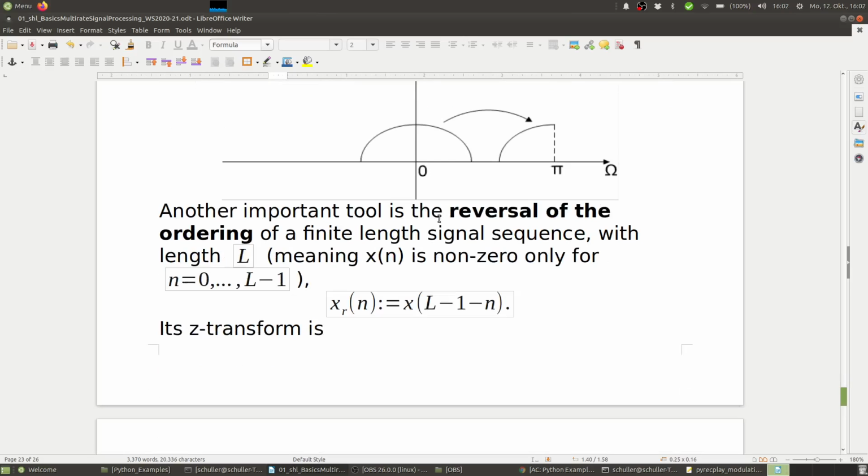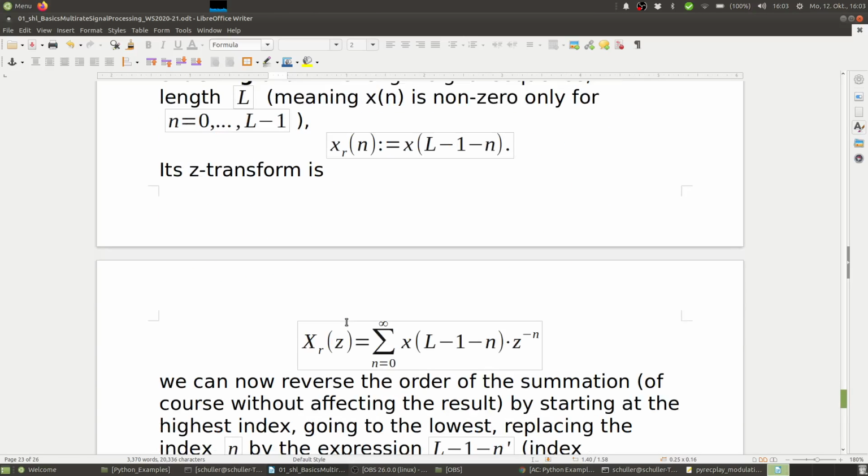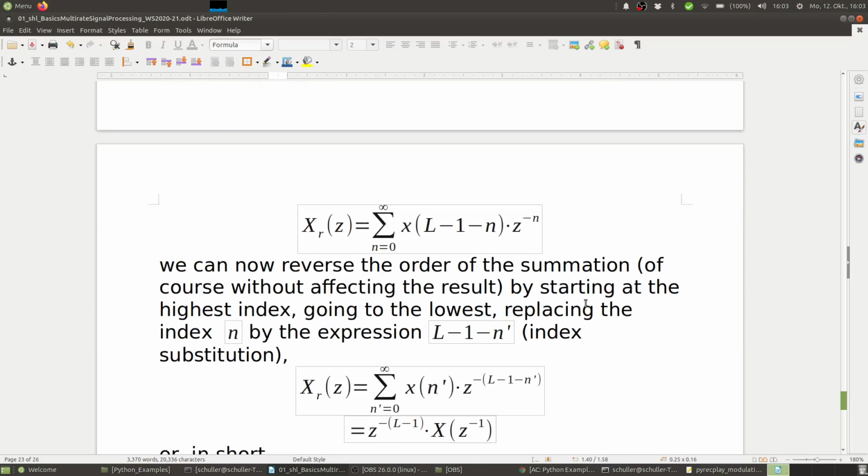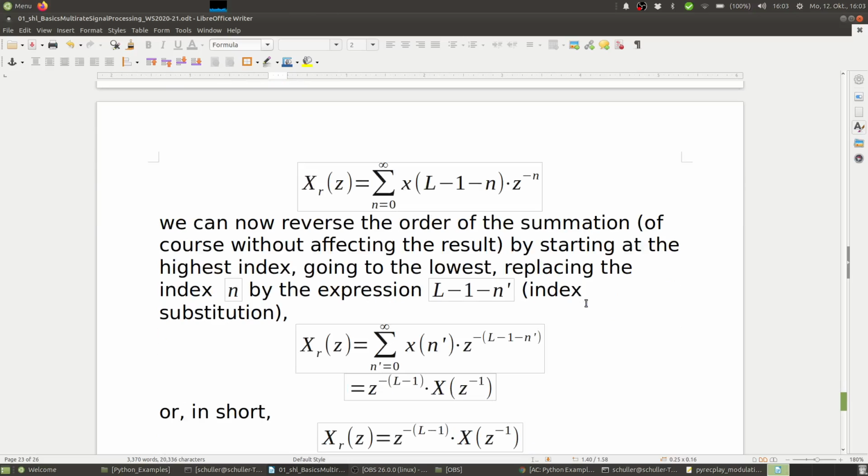An important tool is the reversal of the ordering of a finite length signal sequence with length L, meaning x of n is non-zero only for the region between 0 and L minus 1, and we just flip it, right? And then its z-transform is simply this. And then we can do the index substitution, replacing n by the reversed n prime.